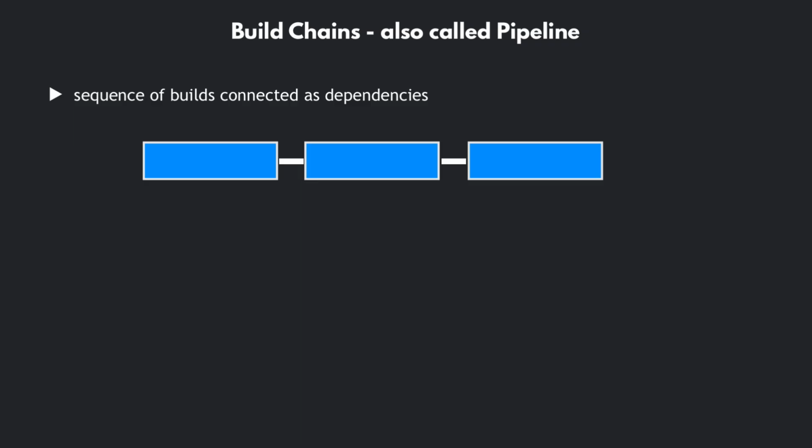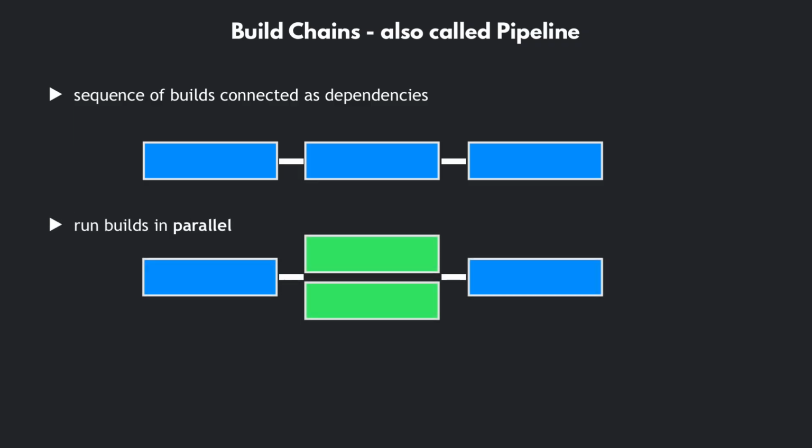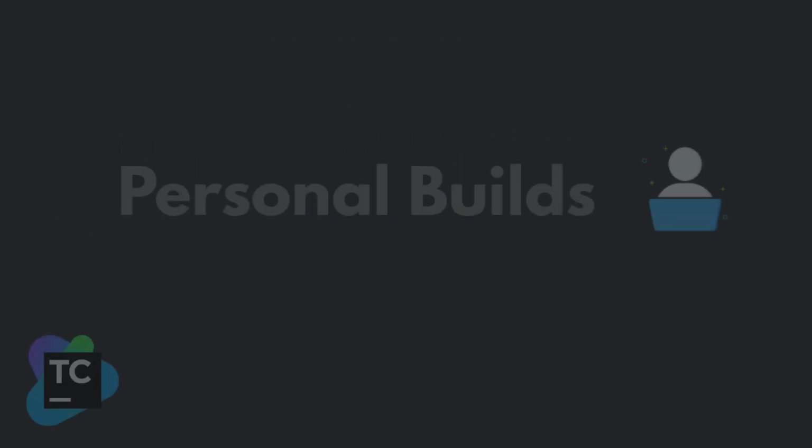But in addition to running builds in sequence, you can also run them in parallel. An example use case for this would be if you want to run the same tests on different platforms or environments, like on different operating systems or different cloud platforms, etc., before building and deploying the application and releasing it.